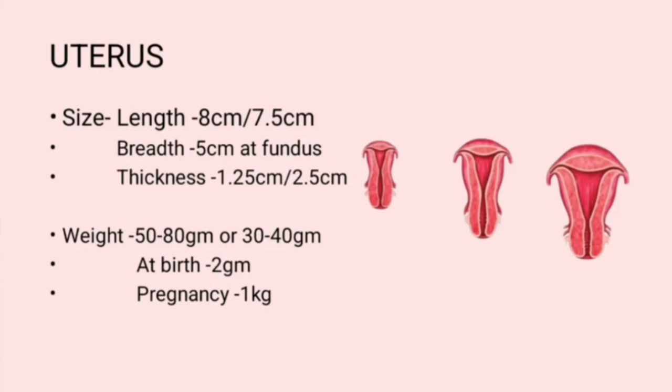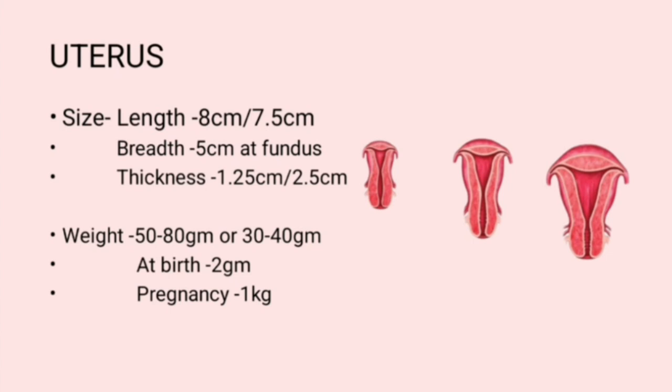What is the size and weight of the uterus? Different authors give different sizes and weights according to their theses. In length, some authors say about 8 centimeter and some say about 7.5 centimeter. Breadth is 5 centimeter at the fundus and thickness is 1.25 centimeter, and some say 2.5 centimeter.